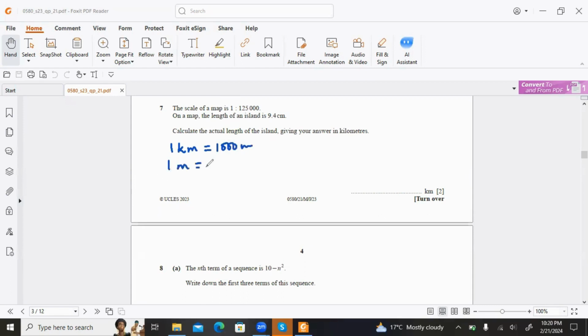And 1 meter is 100 centimeters. That means a kilometer in centimeters would be 100 times 1,000, which is 100,000 centimeters. That is the value of 1 kilometer. So what we're going to do is we're going to first multiply.